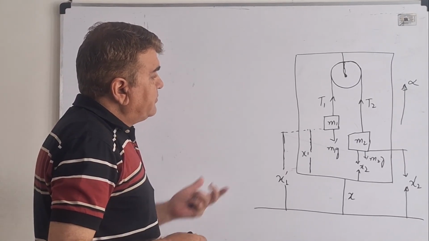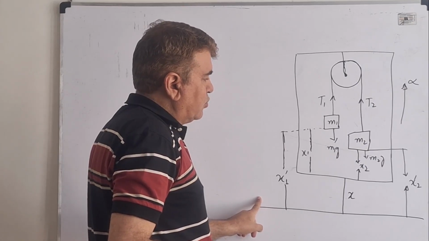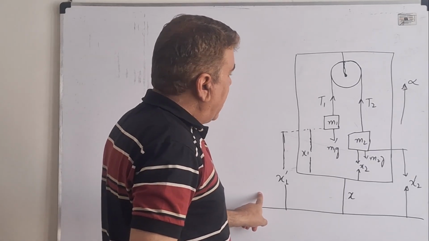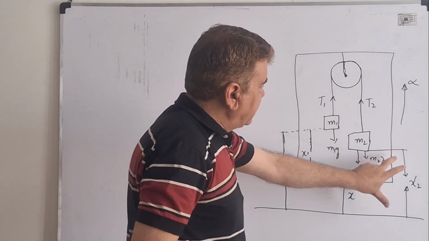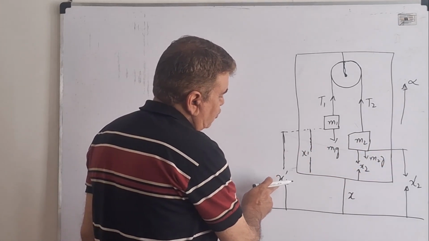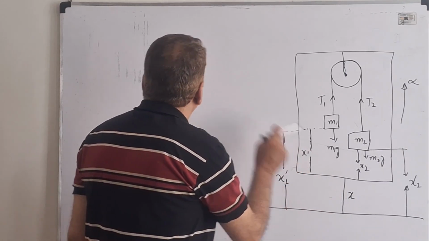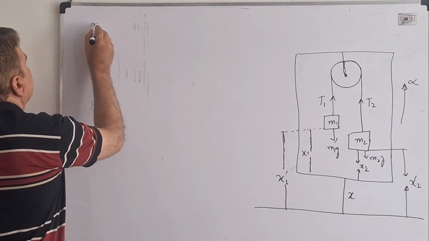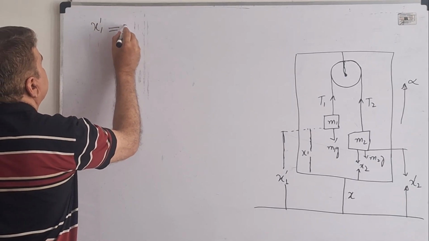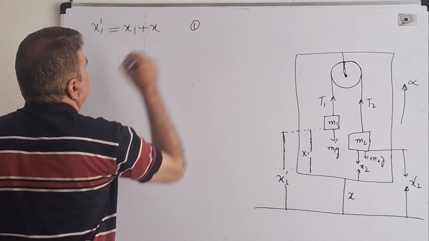Then, in order to observe the motion with respect to an observer standing on the ground, which is an inertial observer, I need to link these distances with each other. And from the diagram, I see that x1 prime is in fact equal to x plus x1. So I can write x1 prime equals x1 plus x, and let me call this equation 1.